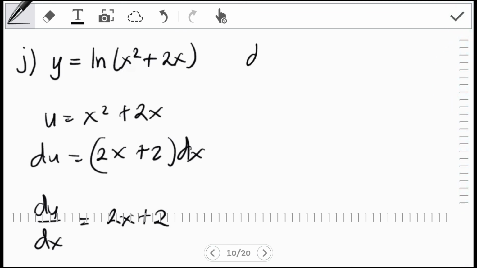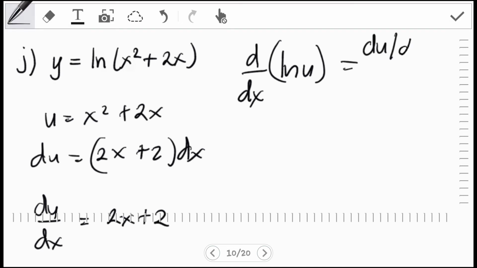Again, so we use this formula, the logarithmic formula of the differentiation, d over dx ln u, that is equivalent of du over dx over u.